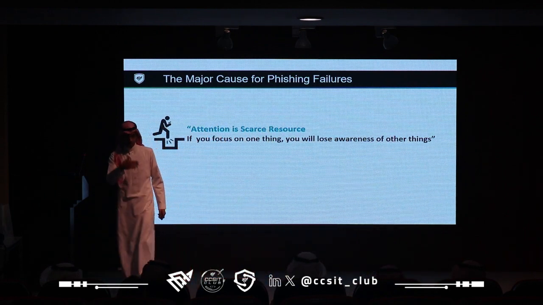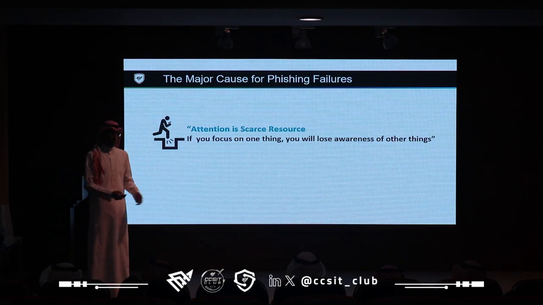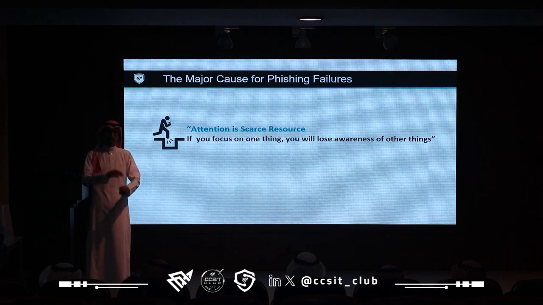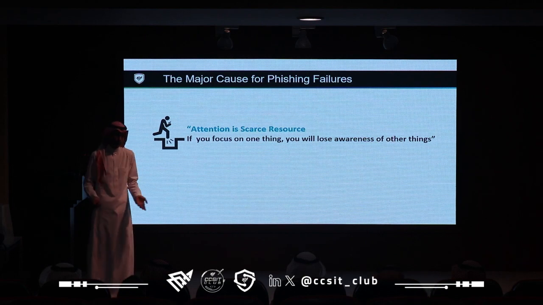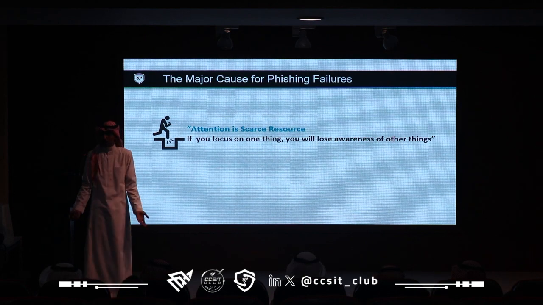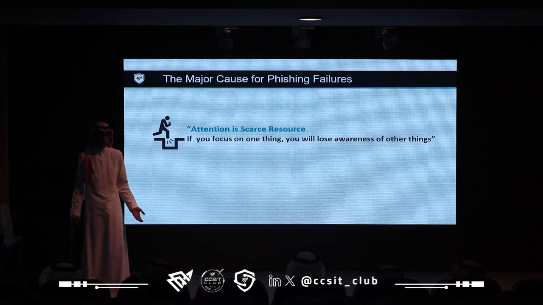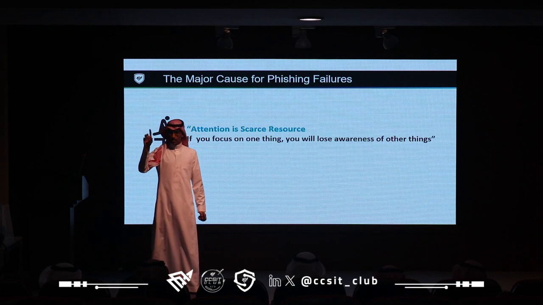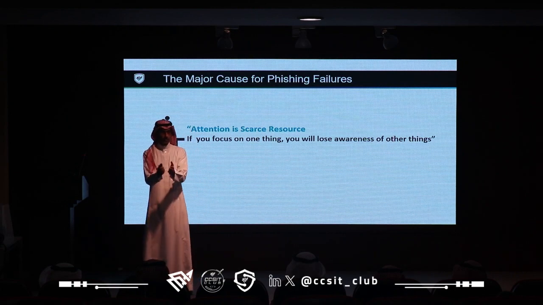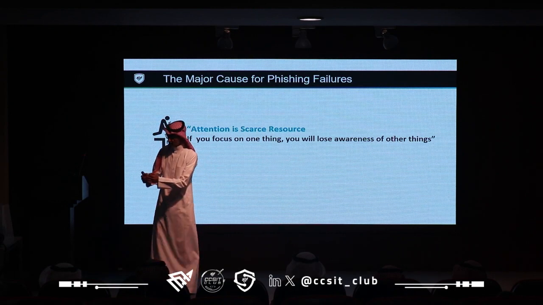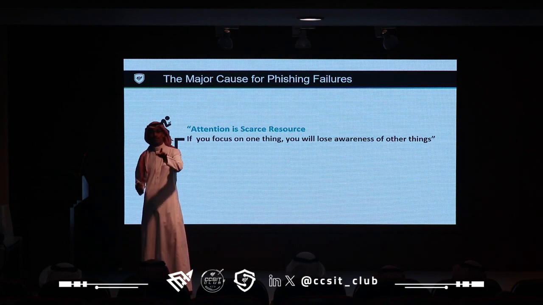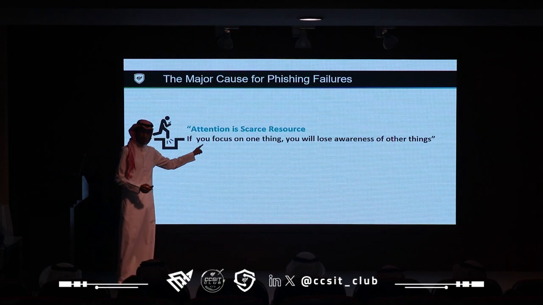Salim and I, we are in positions where sometimes some of our employees get attacked by phishing. Then we have to have a counseling session and ask them, what happened? Unfortunately, people sit in front of the email and they're texting on WhatsApp, talking to a friend. They're not paying attention, and attention is a scarce resource.